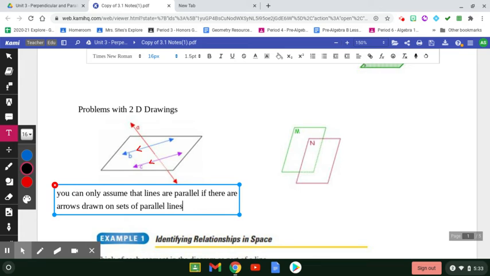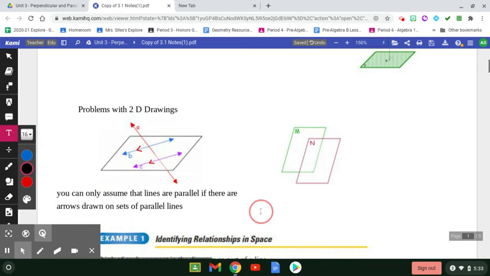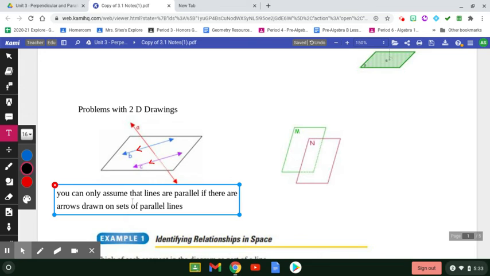For example, line B and line C would be parallel. In fact, when you look at this picture, line A and line B are actually skew with one another, even though it looks like they're intersecting. Same thing with line A and line C. So you have to be really, really careful with the pictures.